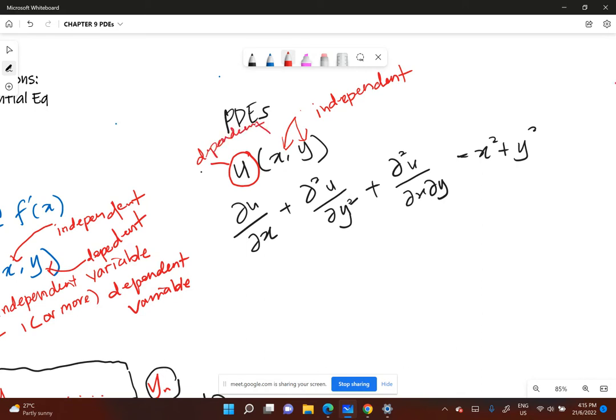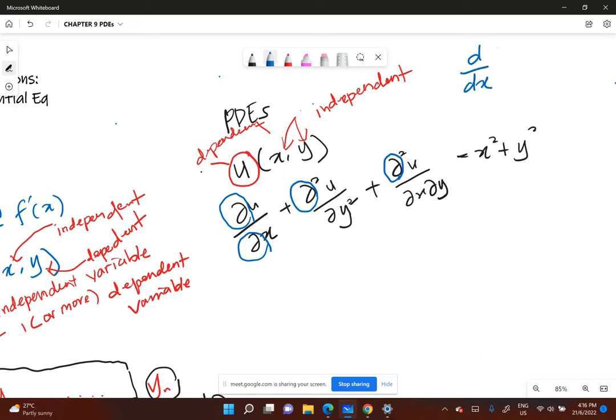So u will change due to the changing of x, and u also will change due to the changing of y. And the symbol here, we will not use d; we use the del symbol here. We do not use the d symbol, because d over dx means the change of something.